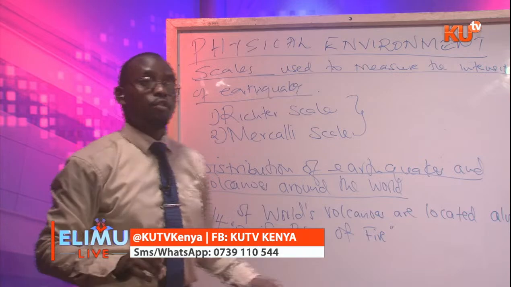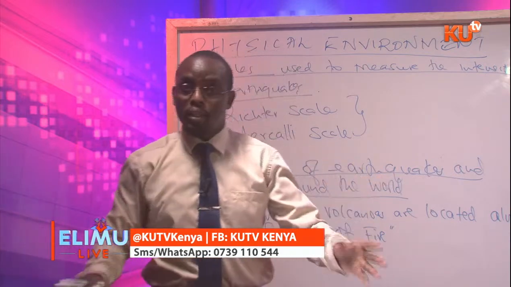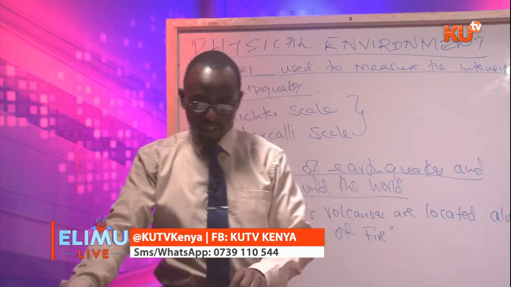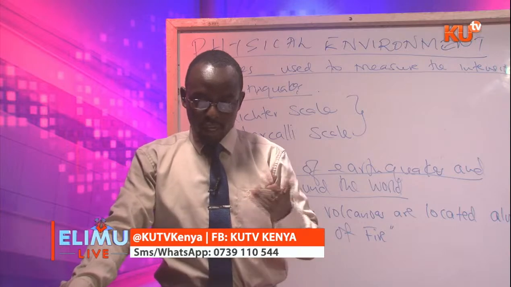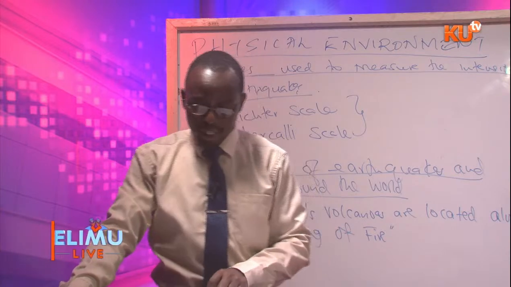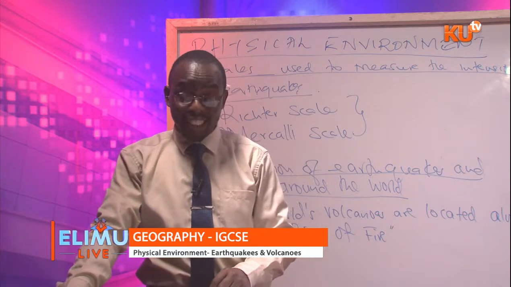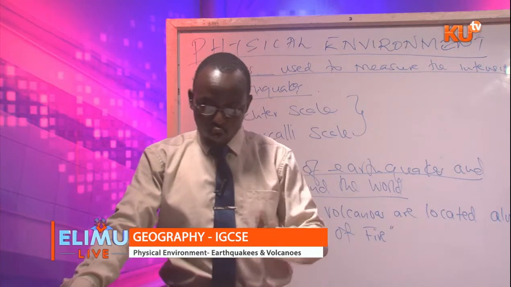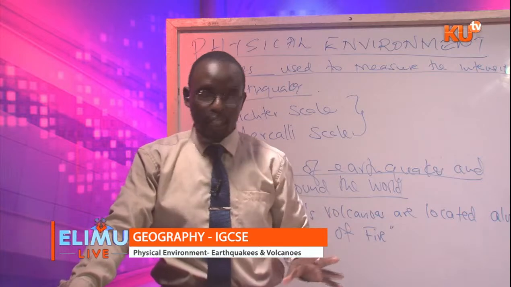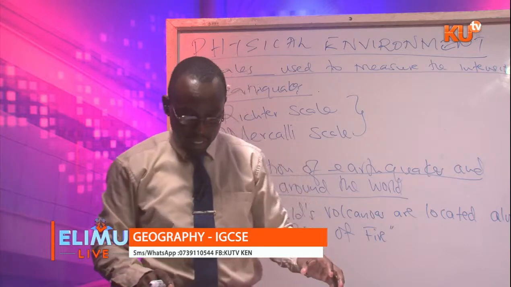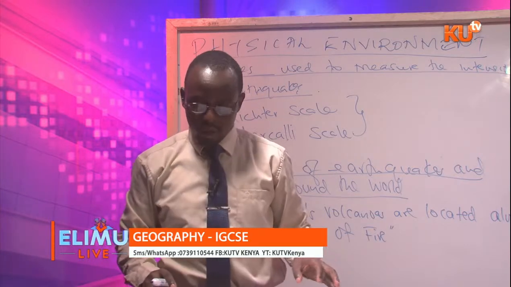That's why volcanic activity is very common there. Examples are Mount Pinatubo in the Philippines, Krakatoa in Indonesia, and Popocatépetl in Mexico. All those are located in the Pacific Ring of Fire.